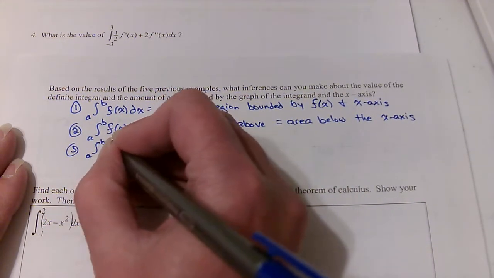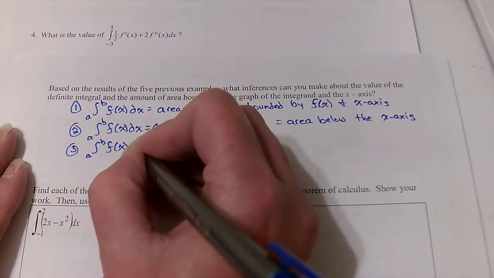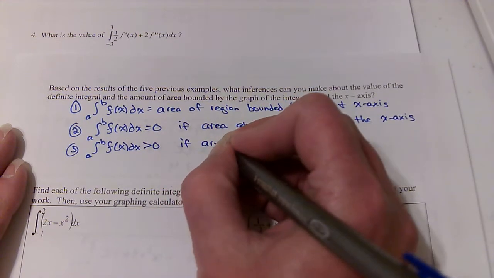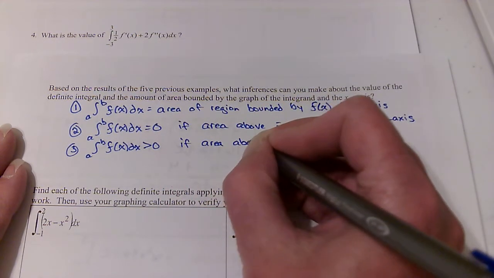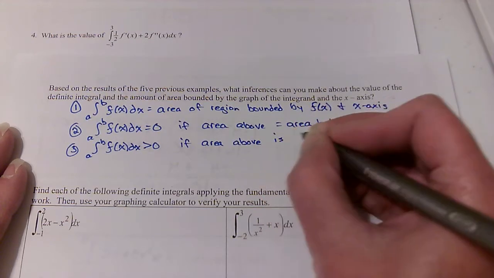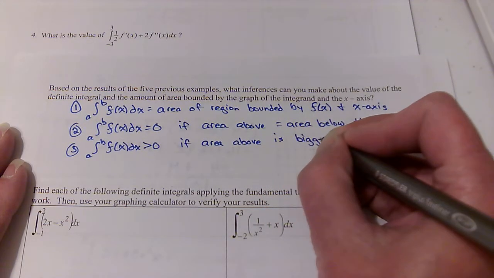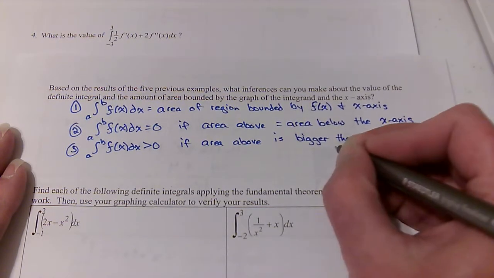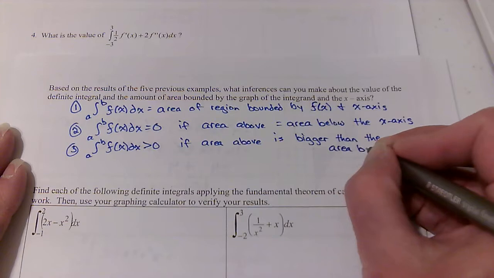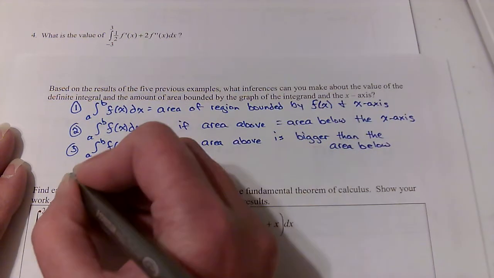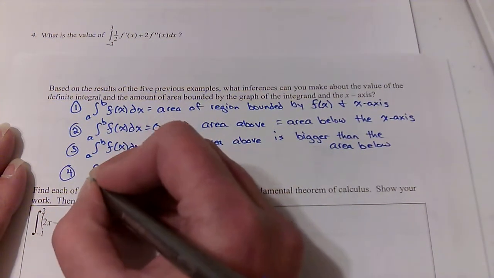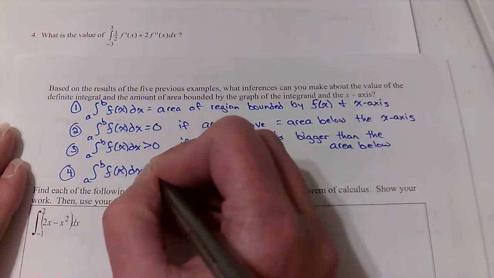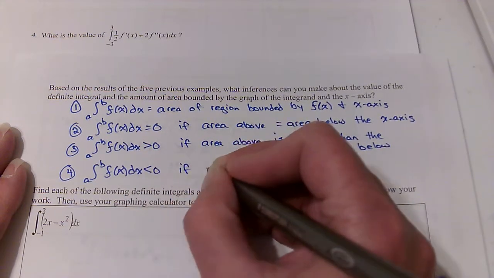The integral is positive if the area above is bigger than the area below. And we get a negative answer if the area below is bigger.